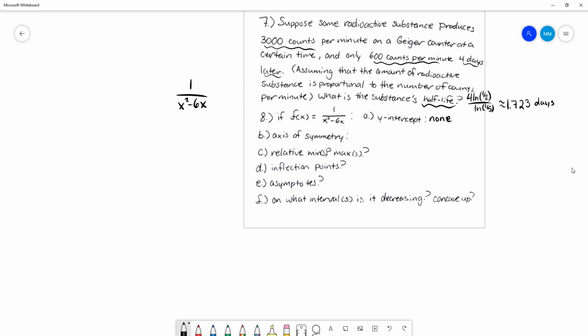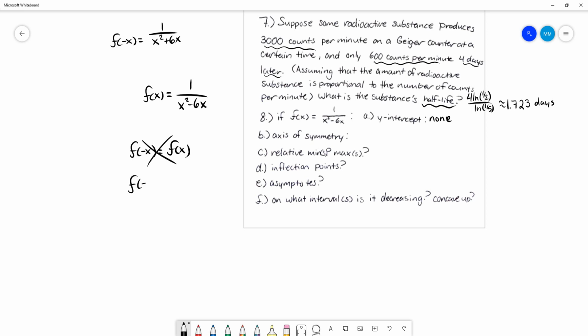Our axis of symmetry, well, that depends if this function is even or odd, or neither, right? So first I'm going to check to see if it's even, which would mean that this is the case. So if I plug in a negative x, f of negative x in this case is going to be 1 over still x squared, but then it's going to be plus a 6x, which is not equal to this original function, so it's not even.